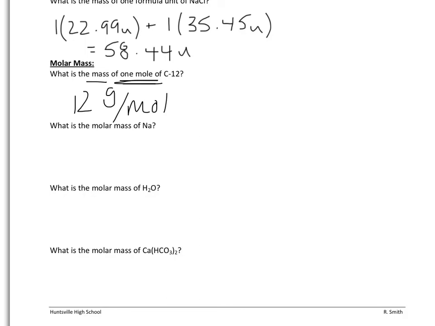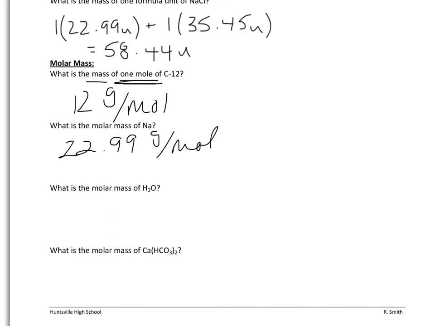So for molar mass for sodium, would we put 22.99 grams per mole or 2.3 grams? You could say 2.3. Okay. But if you're really wanting to split hairs about it, we could say 22.99 grams per mole. Let's split hairs about it.